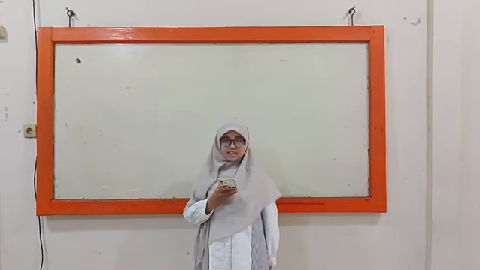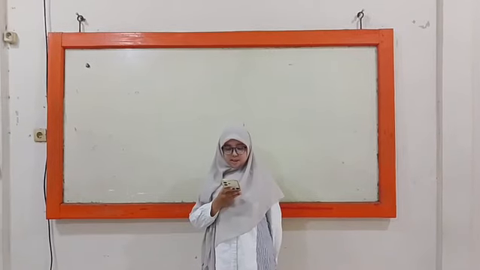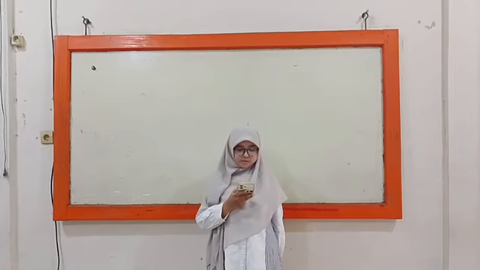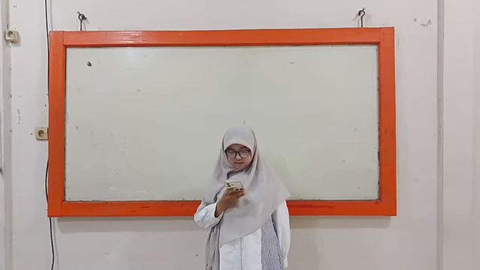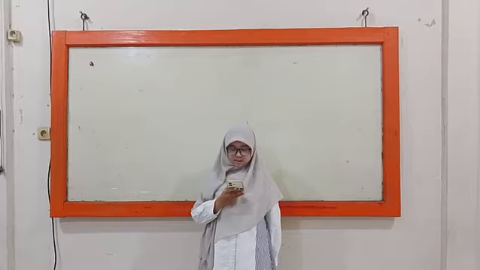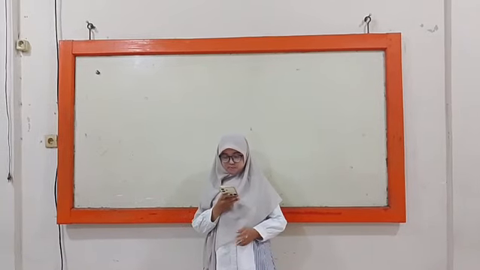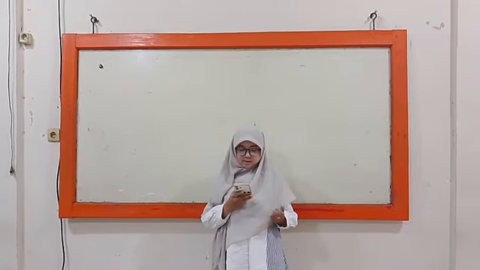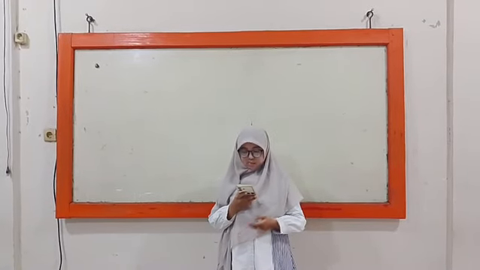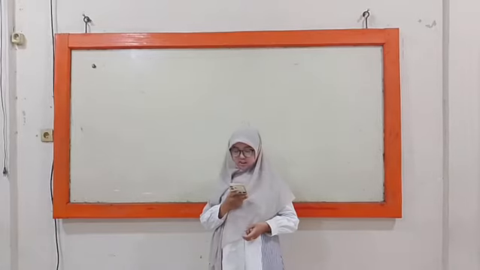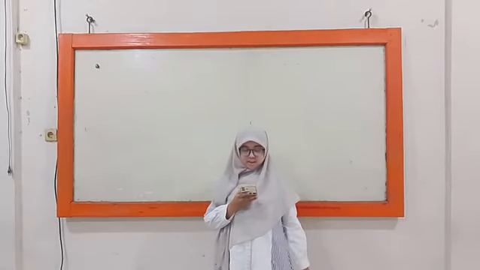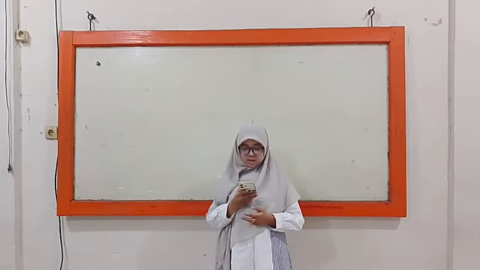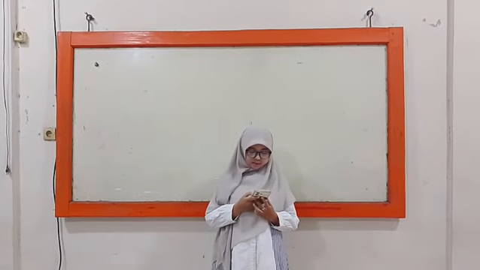SQ3R is a study method developed by Francis P. Robinson to improve comprehension and retention of written material. It consists of 5 steps. First, survey: skim headings, subheadings, and summaries to get an overview. Second is question: formulate questions about the material.